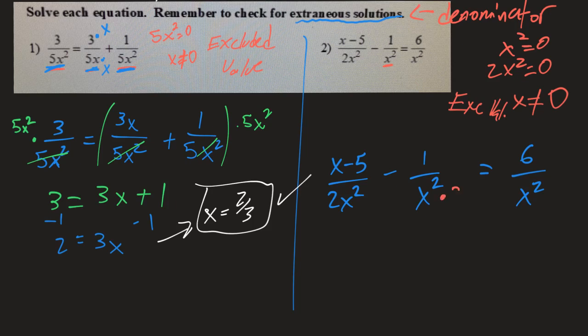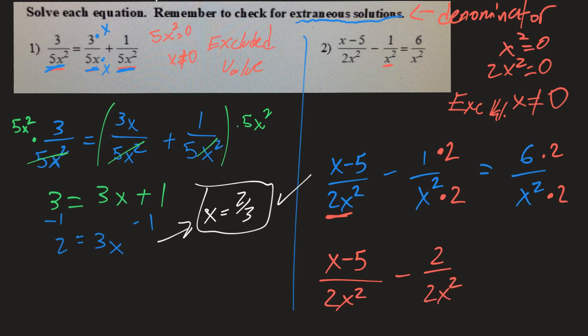Let's multiply this one by 2 and this one also by 2. I'm only multiplying by the 2 so that I end up with all three of these as being 2x squared. Okay, so here we go. (x minus 5) over 2x squared minus 2 over 2x squared equals 6 times 2, 12 over 2x squared.